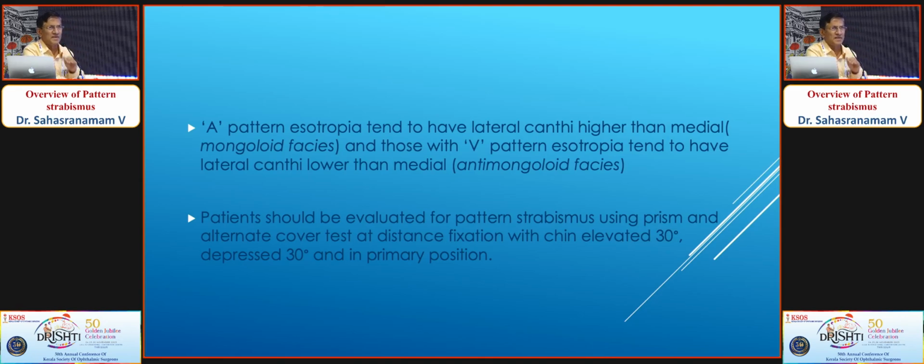And the most important thing in pattern strabismus, when you start the treatment planning, is evaluation. In any squint evaluation is important, but it is more so here because unless you have a definite idea of what is happening to the extraocular muscles, you cannot plan the treatment.